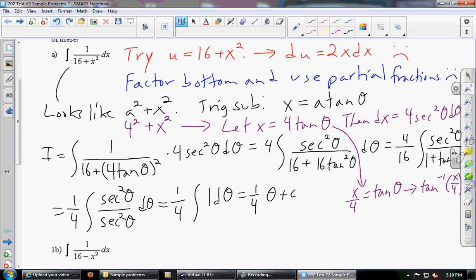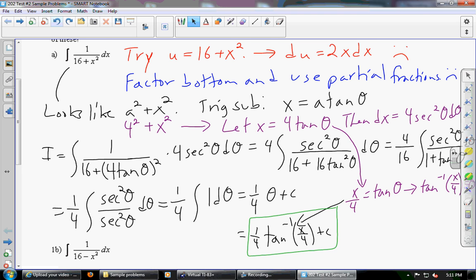So that means that we can plug that into our last equation here. We're plugging into this thing and getting 1/4 inverse tan x over 4 plus c. That's the final answer there.